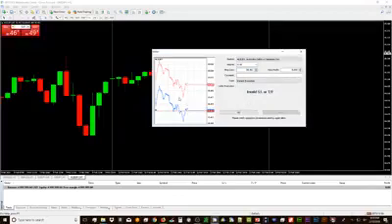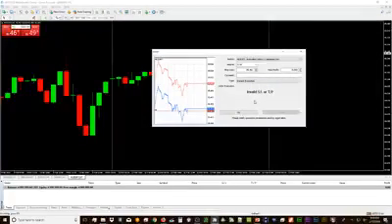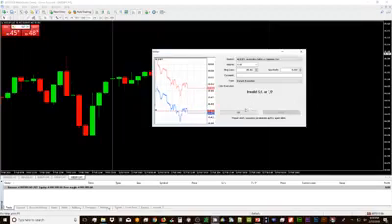If you have not set your stop loss or your take profit correctly, or have not considered the spread and the allowable asking price for the trade, then you're going to be met with this dialog.